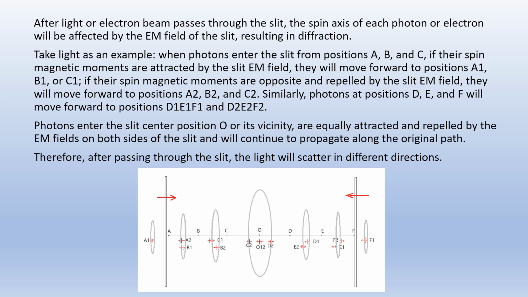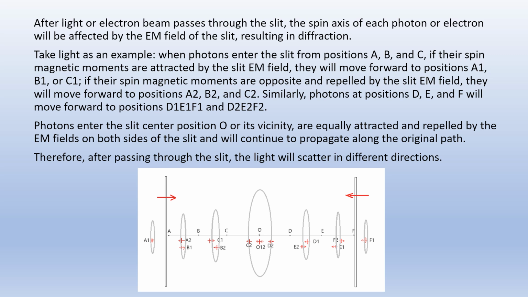After light or an electron beam passes through the slit, the spin axis of each photon or electron will be affected by the EM field of the slit, resulting in diffraction. Take light as an example. When photons enter the slit from positions A, B, and C, if their spin magnetic moments are attracted by the slit EM field, they will move forward to positions A1, B1, or C1.